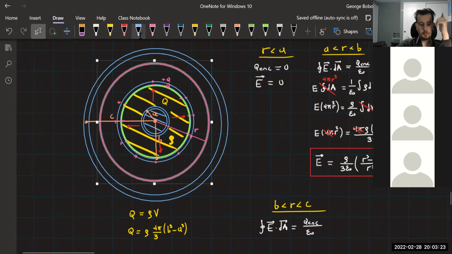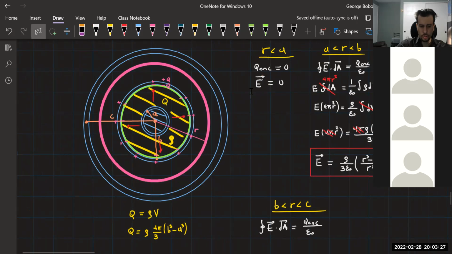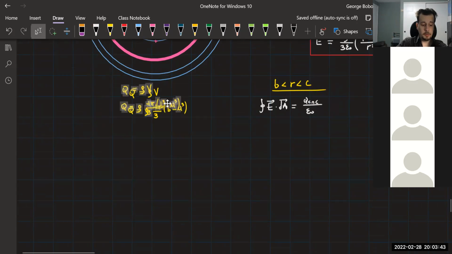Grace, you're out here with a Gaussian surface, and I just want to ask you, how much charge are you enclosing underneath you right now? Look at all these charges. There's no extra hiding stuff. You'd only be enclosing the charge between A and B, right? And we got it. We got it over here, right?